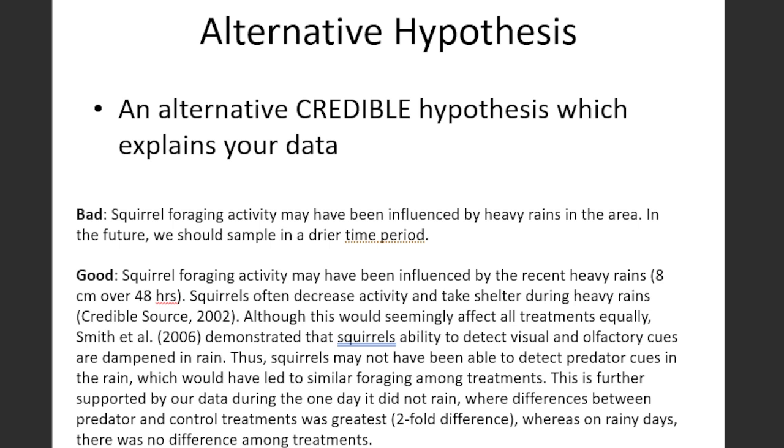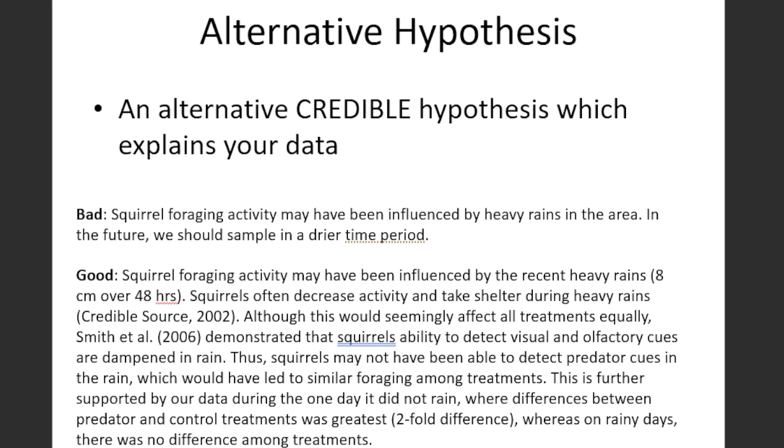A good, credible alternative hypothesis is: squirrel foraging activity may have been influenced by recent heavy rains, with a very descriptive amount of rain. Squirrels often decrease activity and take shelter during heavy rains, with a source. Although this should seemingly affect all treatments equally, source demonstrated that squirrels' ability to detect visual and auditory cues is dampened by rain.